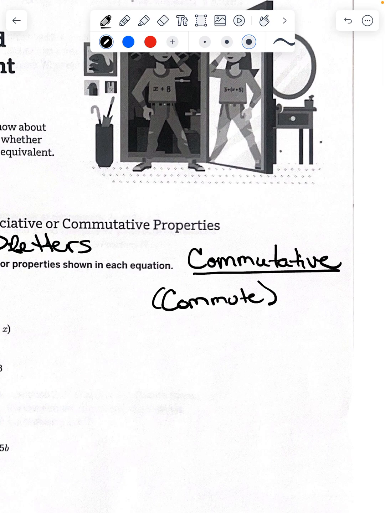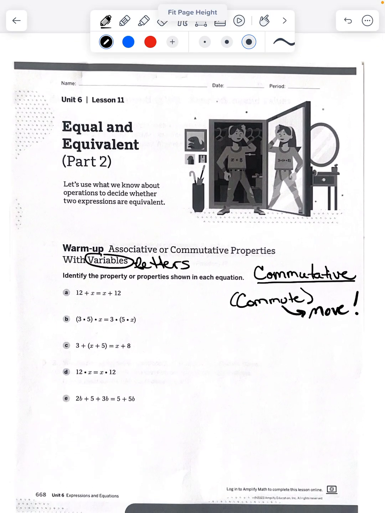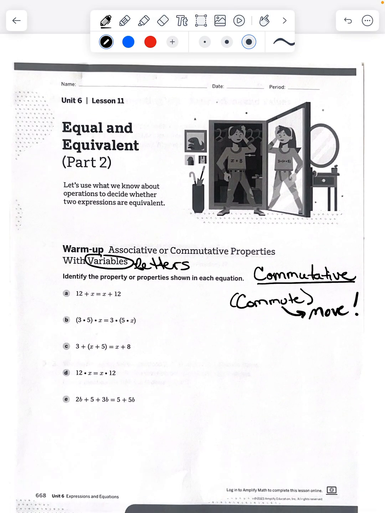So when you think of the word commute, I want you to think of the word move, okay? So when we think of the commutative property, I want you to think of the word to move. So numbers or letters are moving positions, but your answer will not change.